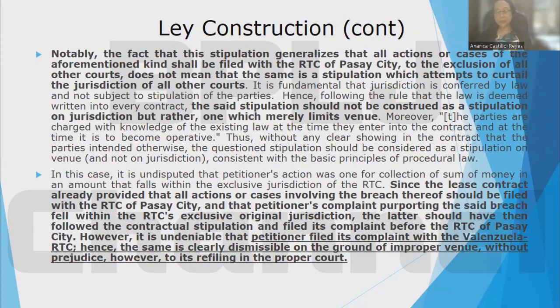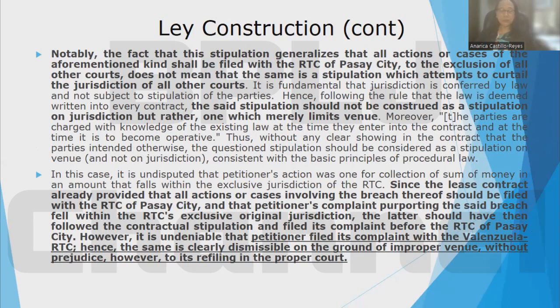Notably, the fact that this stipulation provides that all actions should be filed with the RTC of Pasay to the exclusion of all the other courts does not mean that the same is a stipulation which attempts to curtail the jurisdiction of all the other courts. The said stipulation should be construed as one which merely limits venue.